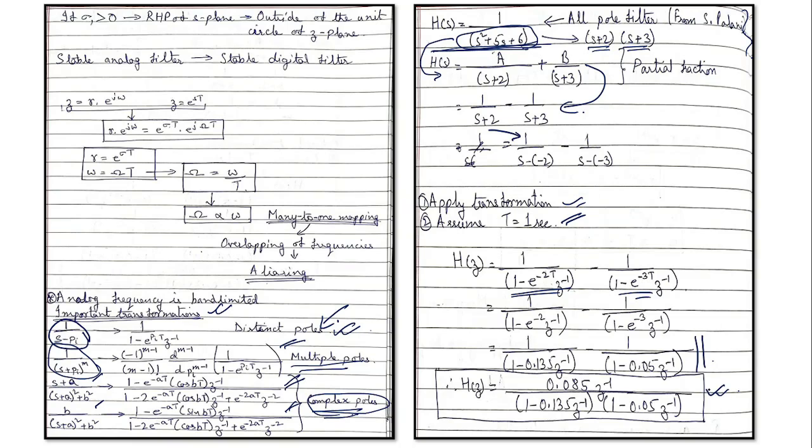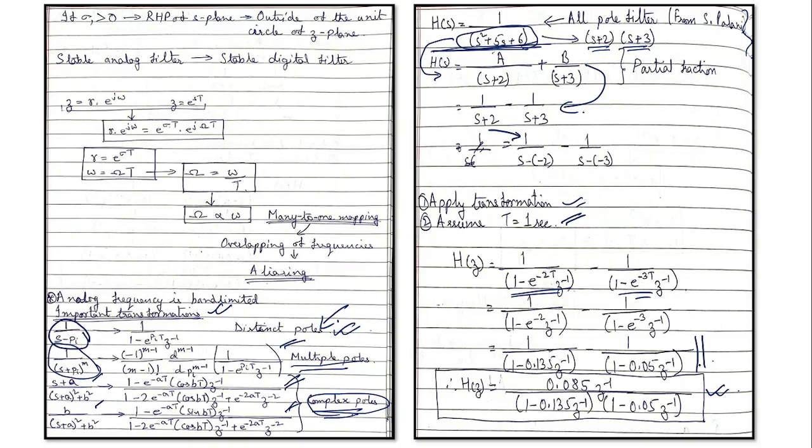Okay, this is how you can get the transfer function for the digital filter using the impulse invariance method.